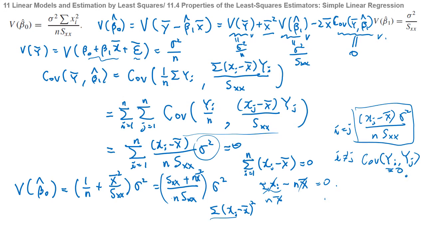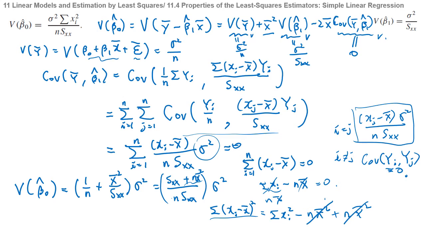This part is the sum of xi squared minus n x bar squared, and here we have plus n x bar squared, so this part cancels.